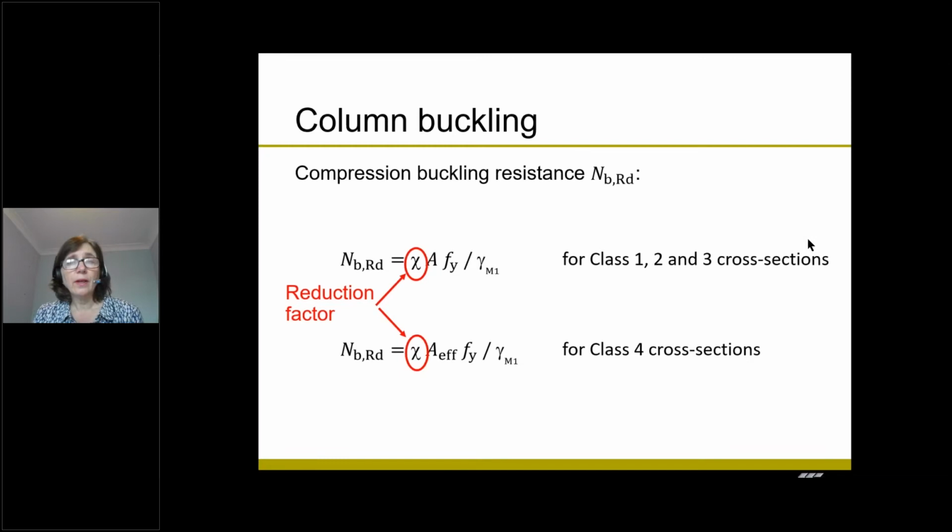And so the expressions for column buckling follow the same equations overall, but the coefficients are actually different to take this into account. I'm showing here the compression buckling resistance expression N_b,Rd, and you have these reduction factors chi.